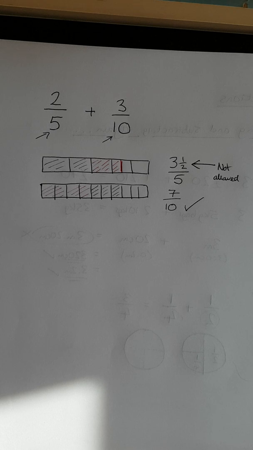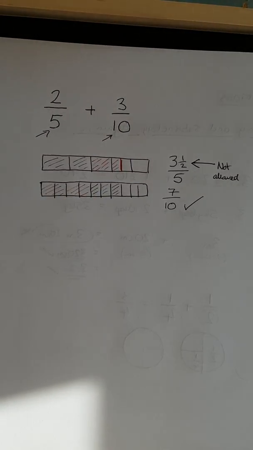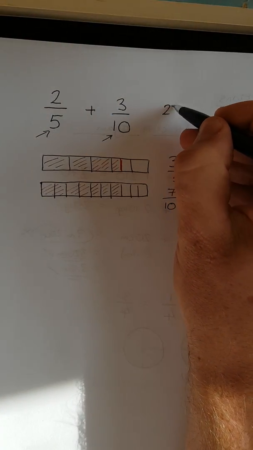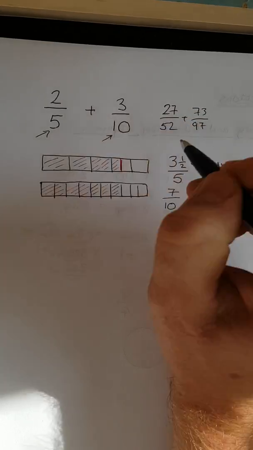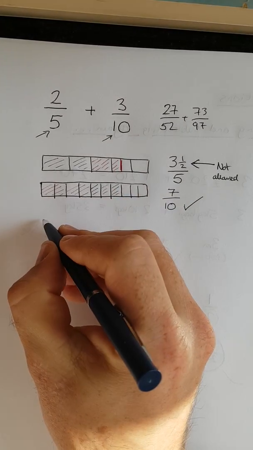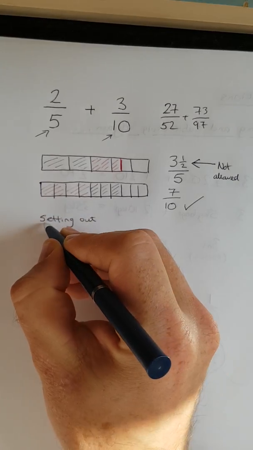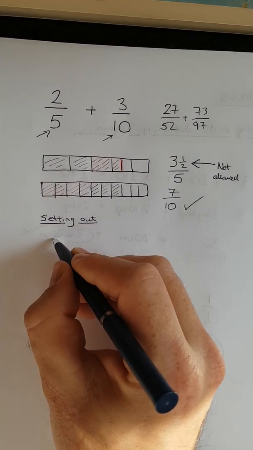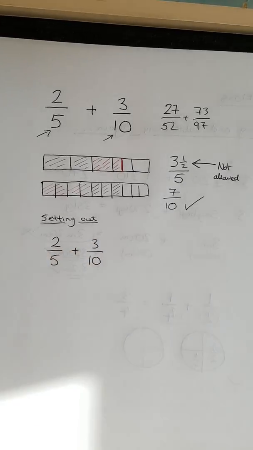How shall I write this out to describe what I've just drawn? Because whilst with this example, it's easy to draw a diagram, if the numbers became really tricky, like for example, 27 over 52 plus 73 over 97, I don't want to draw this out. So, let's set this out. I started with 2/5 add 3/10.